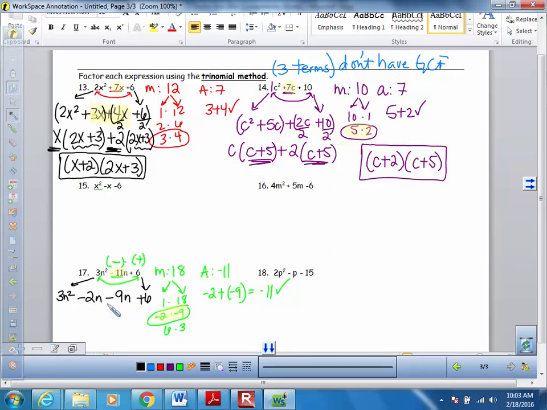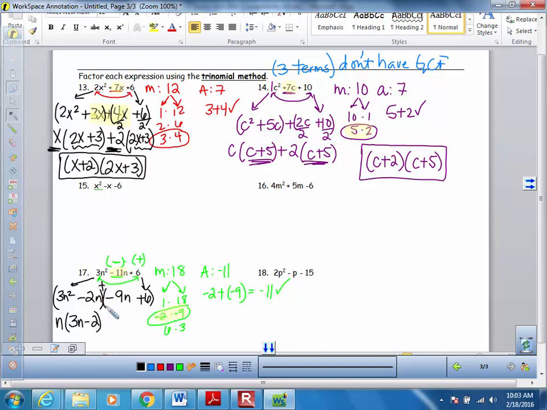You'll still end up with the same answer. So now we group our first 2 and group our last 2. If I'm looking for my GCF here, I know 3 and 2, the only GCF I'm given there is a positive 1. I don't have to pull that out, but they both have n's in them. So I'm going to bring out an n, which would give me 3n minus 2.